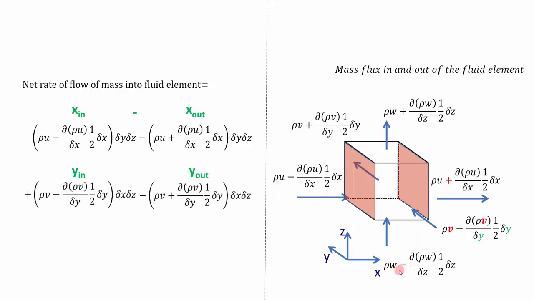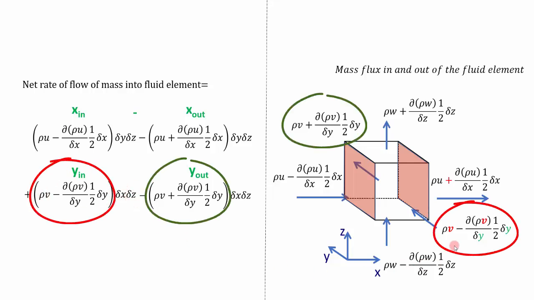So y direction in, we have this equation. Let's plug in here, and y direction out, it is plugged here. But here the area is different. So this is the cross section where the flow is taking place. So this is del x and this is del z. So del x into del z is the area, and this is the mass flux in that is mentioned here, and this is the mass flux out that is mentioned here.